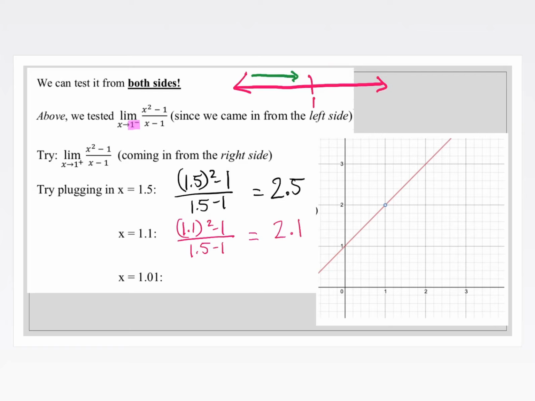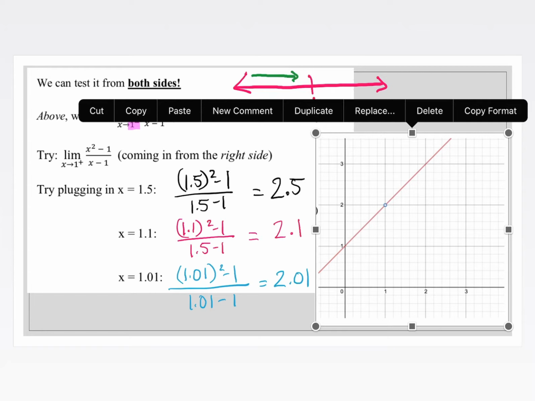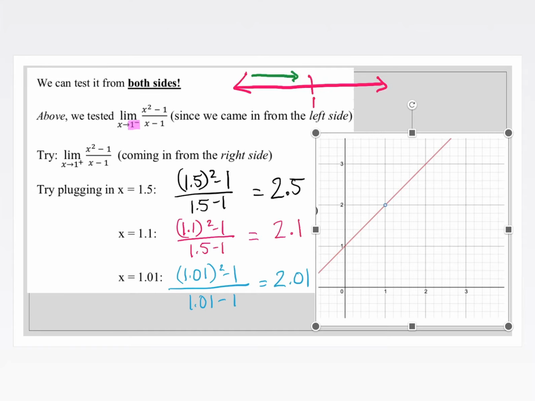If we plug in 1.01, square it, subtract 1 over 1.01 minus 1, that gives us 2.01. So just like before, if we look at these values, they're getting closer and closer to the number 2. So from the right-hand side, it also approaches 2.